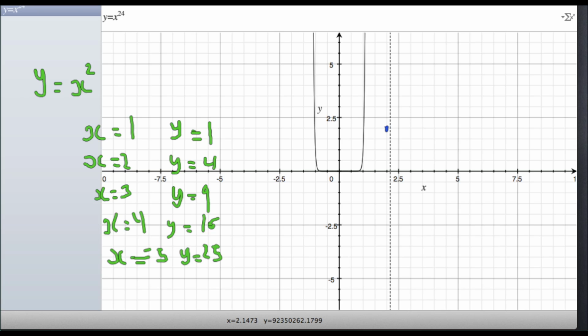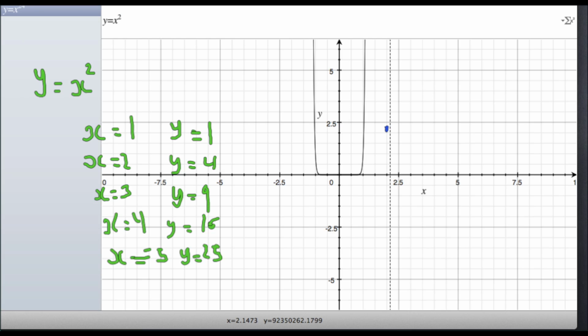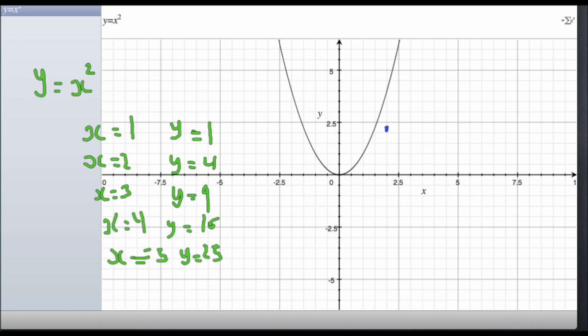So all the coordinates are right. Those are all the coordinates, and that is what the y equals x squared graph looks like. Now, also, as you can see, not only are all the coordinates right here, they're also right on the other side. And as you can see, it's a bit symmetrical.